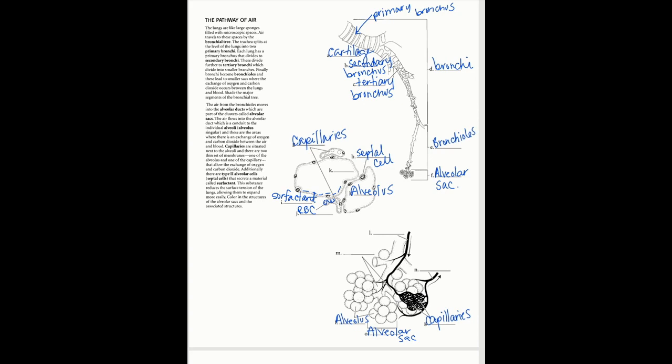Leading to each sac going from our bronchioles, we have what's called an alveolar duct. But as you can see here, looking at L and N, L is going in, so blood coming in is going to be our pulmonary arteries.